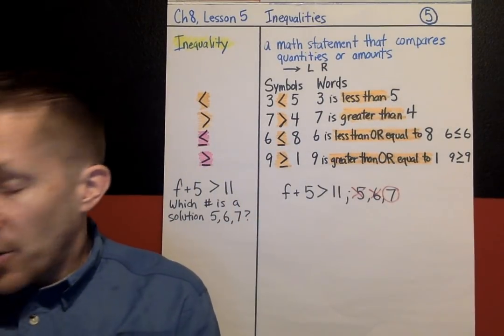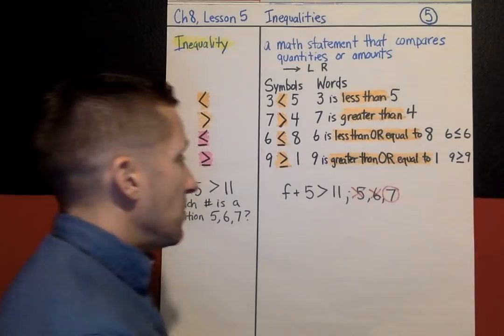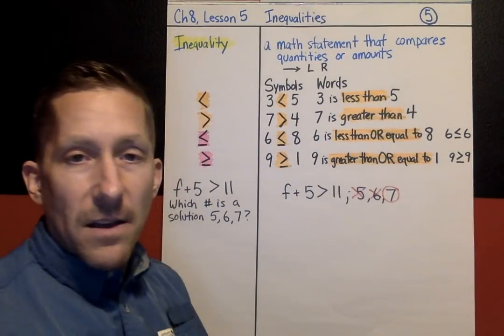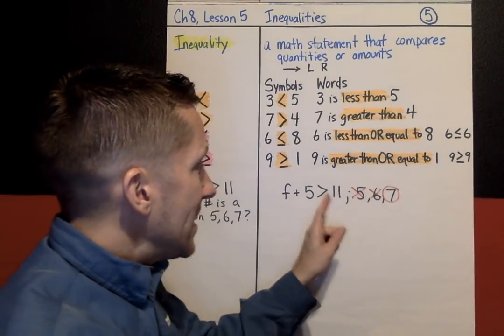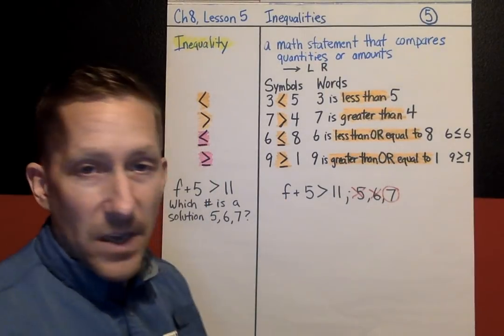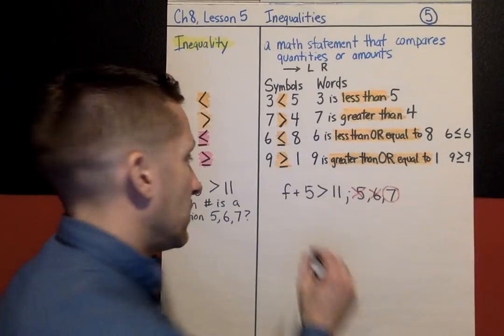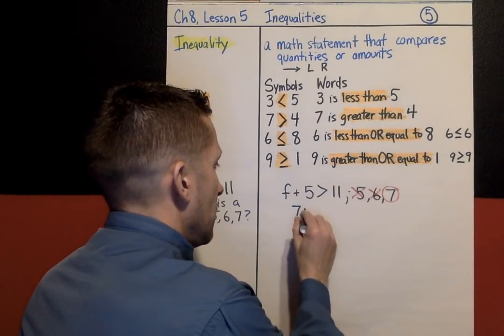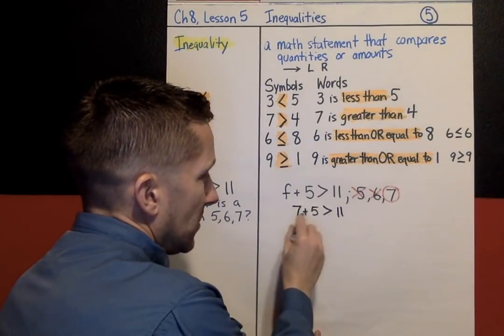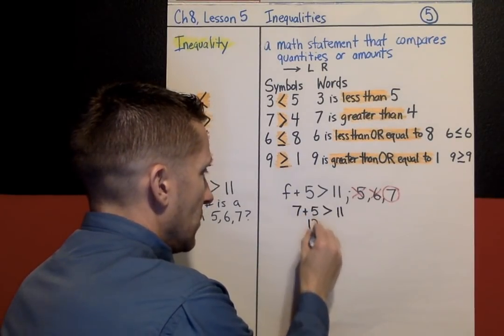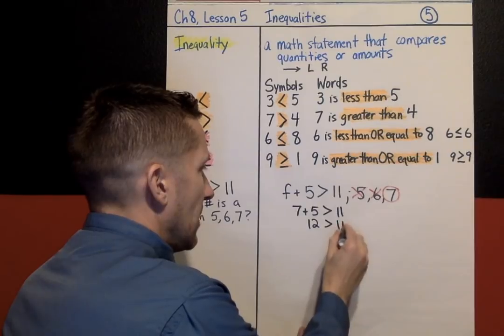So how can you show work on this today in your workbook? Well, once you think you have a number, write that number into the inequality and show that it works, like this. 7 plus 5. And then what does this turn into? That's 12. 12 is greater than 11.